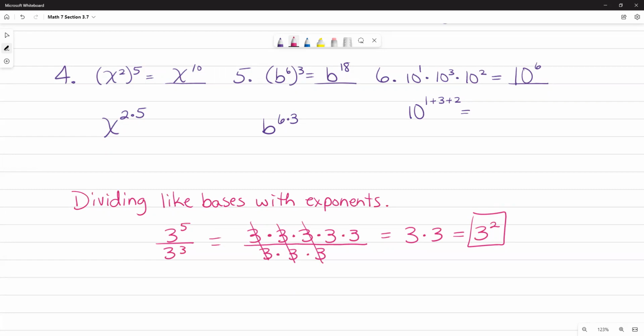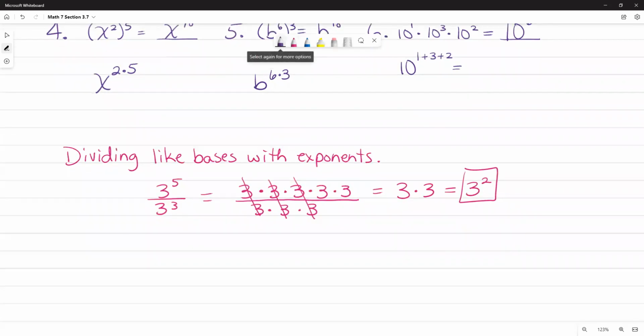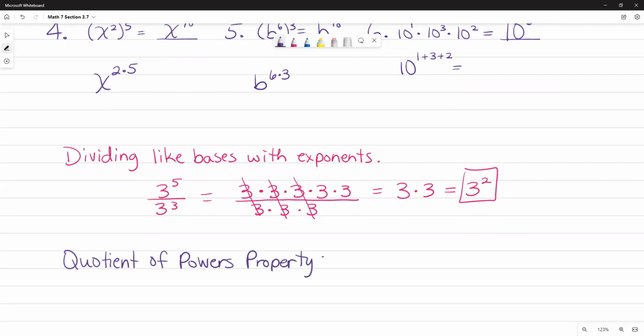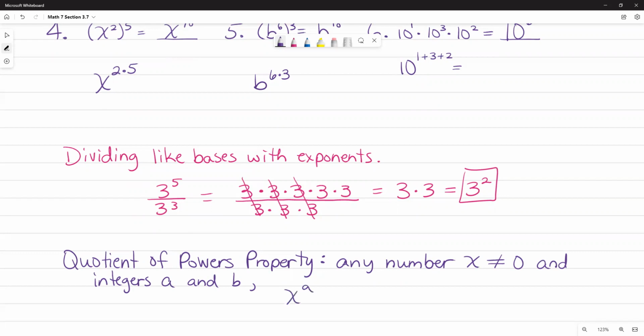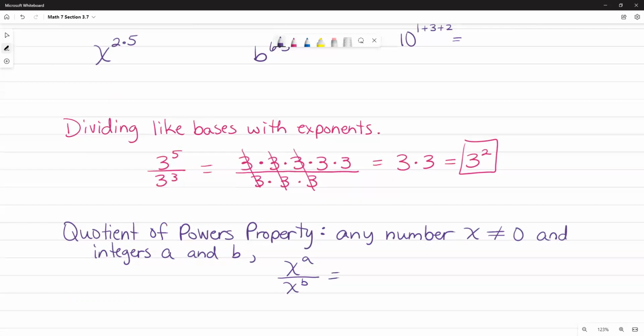Now, if we use the quotient of powers property, this states that for any number x, as long as it does not equal 0, and integers, so this means positive and negative whole numbers, a and b, x to the power of a divided by x to the power of b is equal to x to the a minus b.